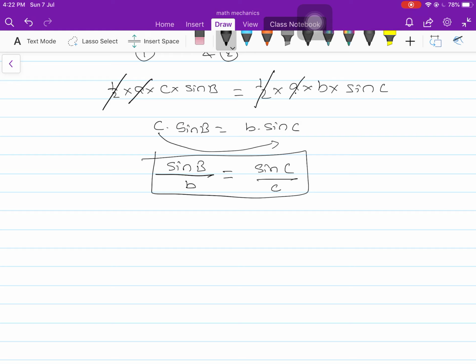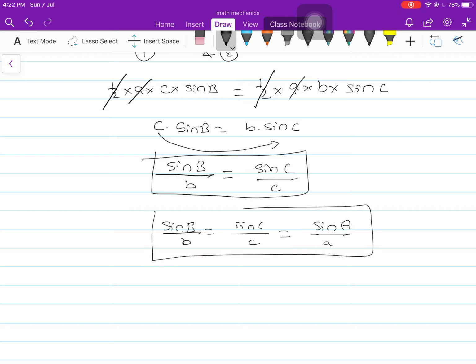So if I use the other two equations, I'll end up getting sine B by B equal to sine C by C, which is equal to sine capital A divided by A. So this is your sine rule. We are going to use sine rule when you are having two sides and two angles involved. When you have two sides and two angles involved, you will use sine rule to solve the equations.